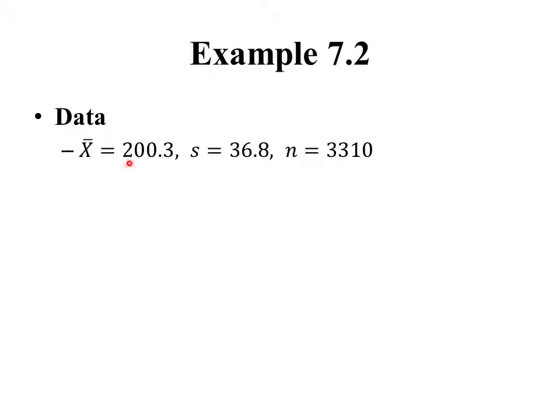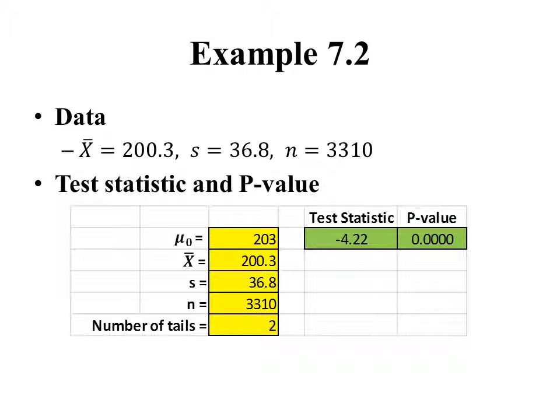Now, this number here is the sample mean is different than 203, so our data appears to support the claim, but as always, this data do not prove the claim. This number here of 203 is an estimate of mu, or population mean. It appears that mu is different than 203, but we need to measure just how strong that support is.